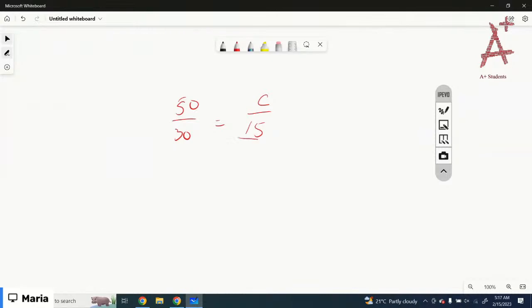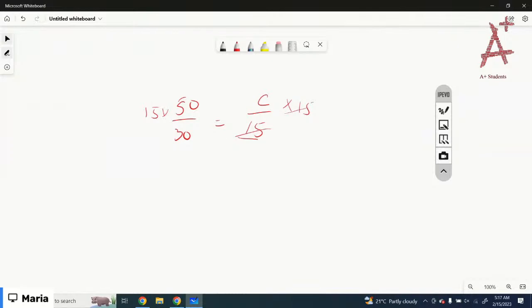The opposite of division is multiplication, so just multiply both sides by 15. 15 and 15 got cancelled out.